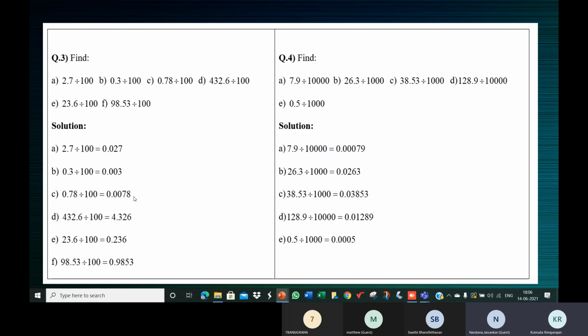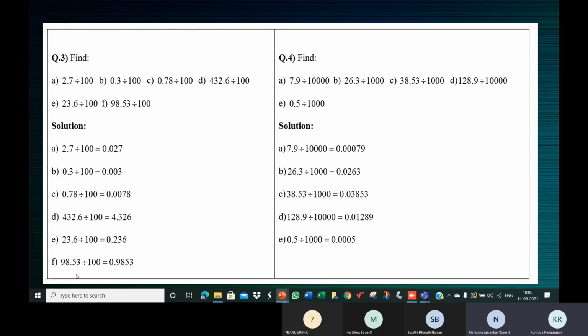Now you have 2 answers with you: 0.0078 and 78. How can you get 78 when you divide 0.78 by 100? When you're dividing, you should get a smaller value. When you divide 5 by 100, can you get 50 as the answer? You have only 5 with you. When you divide it by 100, how can you get 50? You cannot get an answer more than 5.